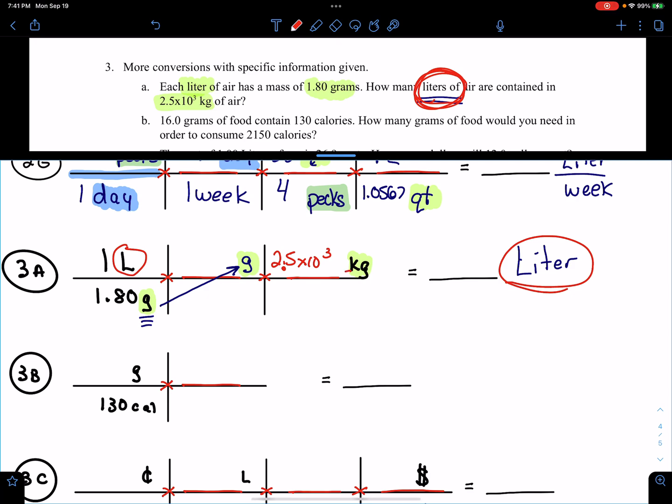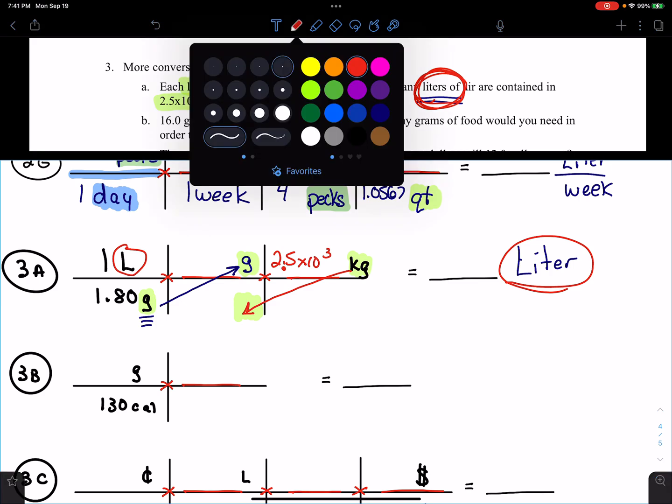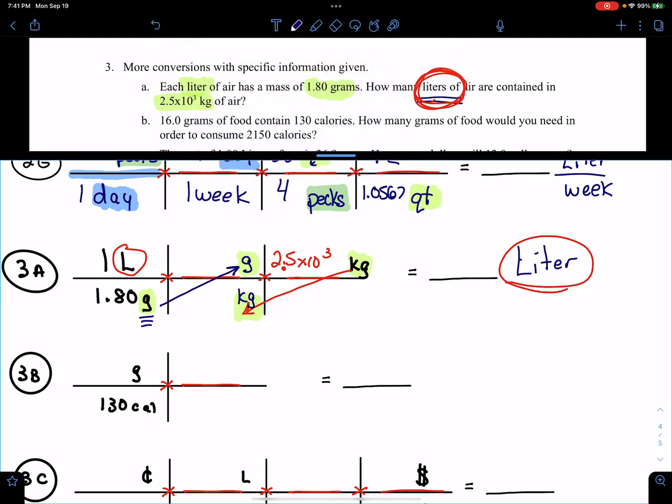So to get rid of it, you need to put it into the bottom left. So you're always crossing these things to get rid of them, okay? So kg. All right. Now, we don't need to go to that conversion table. 1 kilogram equals how many grams? 1,000.